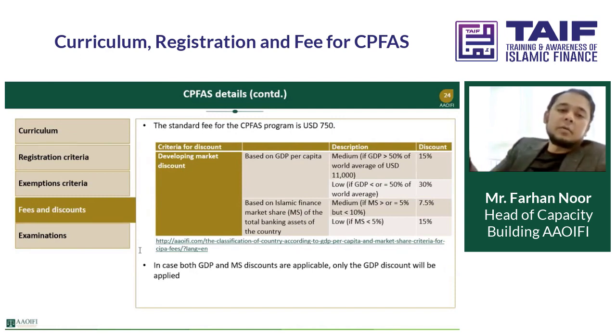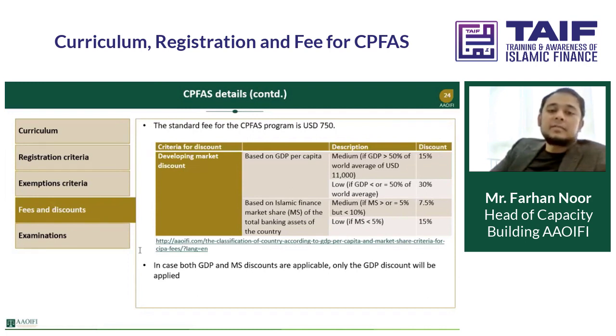This means that no discount will be applicable, unfortunately. But if your country of residence is Nigeria, for example, then Nigeria, we know, has both low GDP per capita and low Islamic finance market share. I believe it's less than 1% actually.